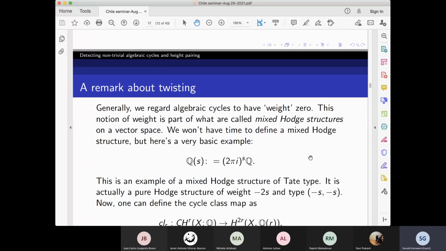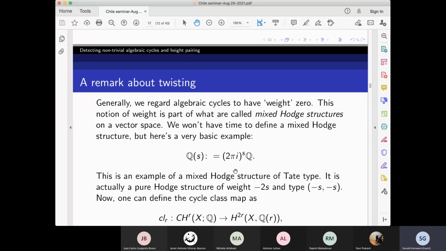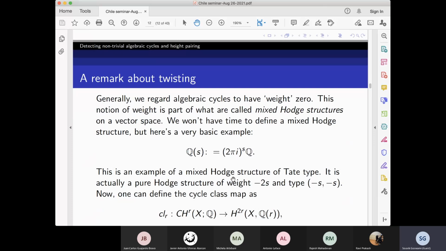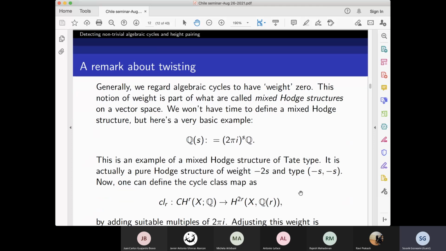One basic example of a mixed Hodge structure that we want to keep in mind is the following. This is called the Tate twisting of the rationals. We simply multiply the rationals with this (2 pi i)^s factor. So this is a one-dimensional Q vector space, and we regard this as an example of a mixed Hodge structure, or rather a pure Hodge structure of weight minus 2s and type (minus s, minus s).